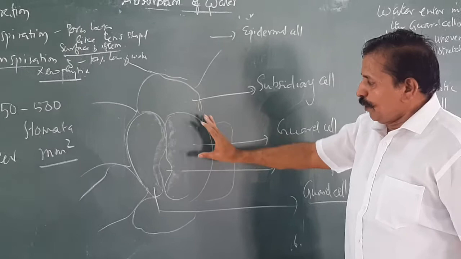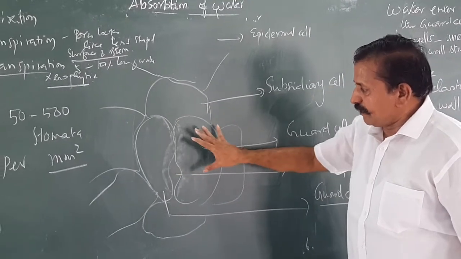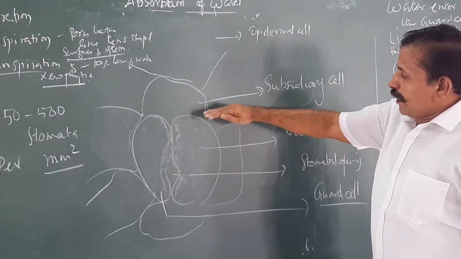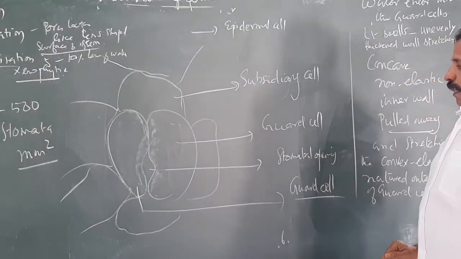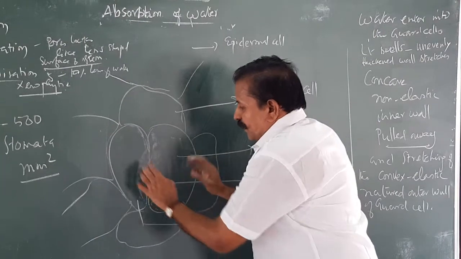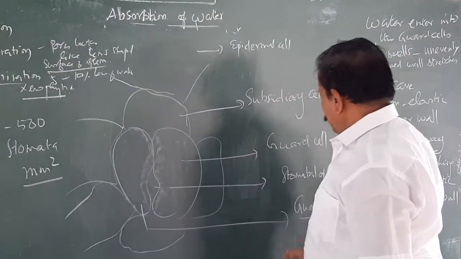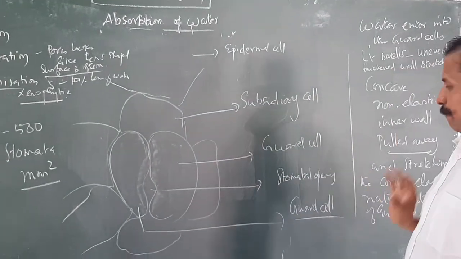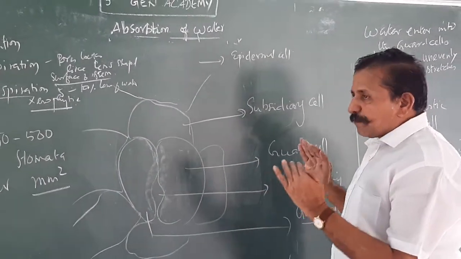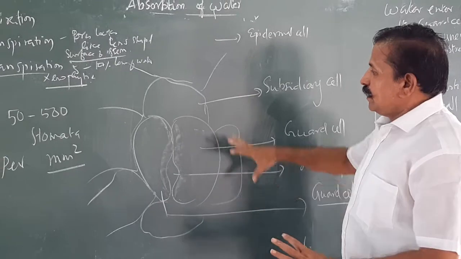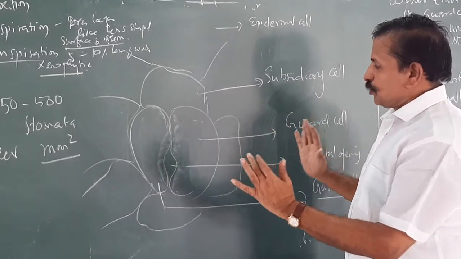There are two important bulged guard cells, and in and around them are subsidiary cells. Between the guard cells there is a pore called the stomatal opening. The guard cells are guarded by subsidiary or accessory cells, which govern and protect them.